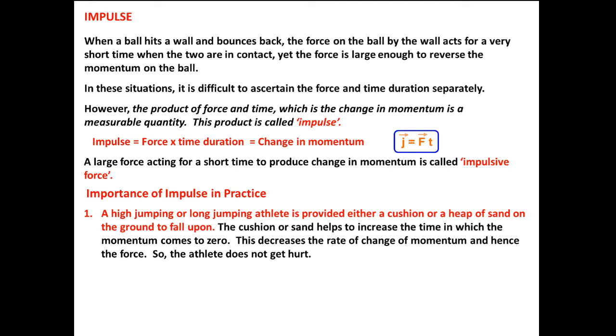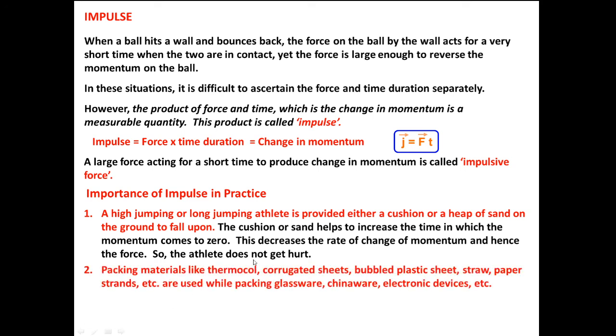Now here see the importance of impulse in practical life. A high jumping or long jumping athlete is provided either a cushion or a heap of sand on the ground to fall upon. This increases the time in which momentum comes to zero.